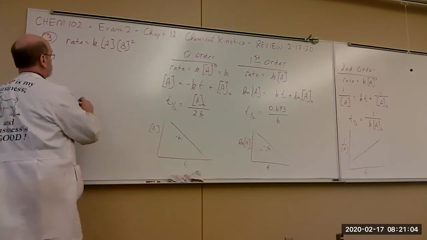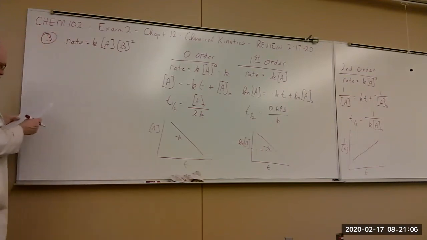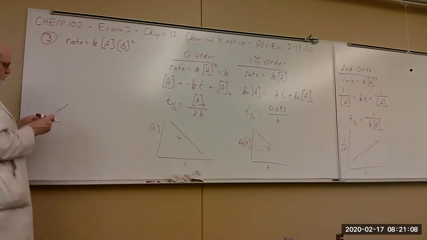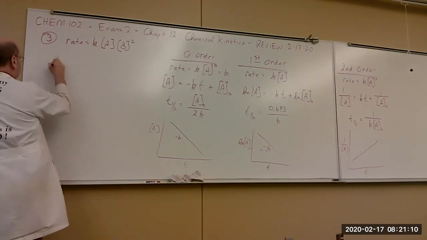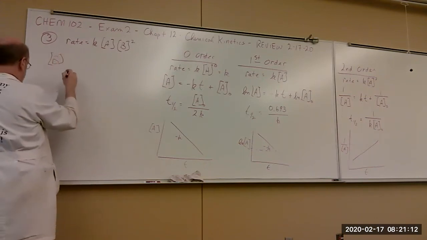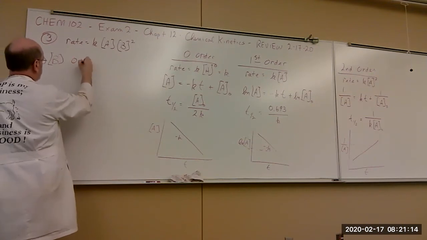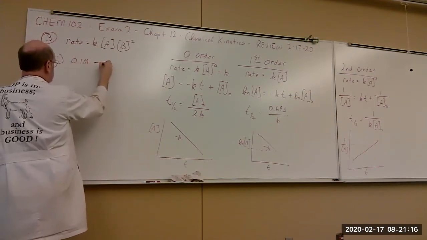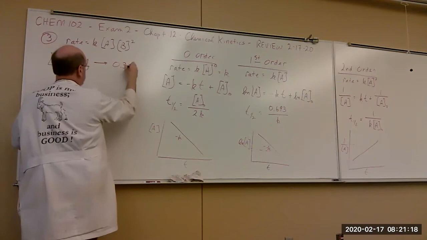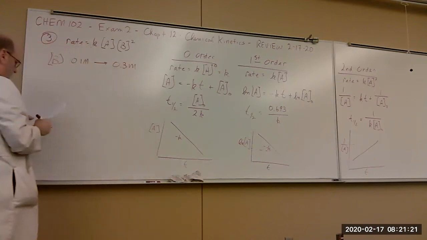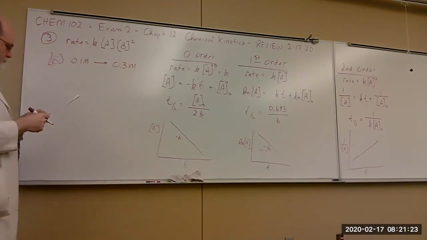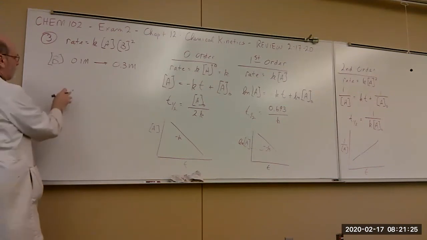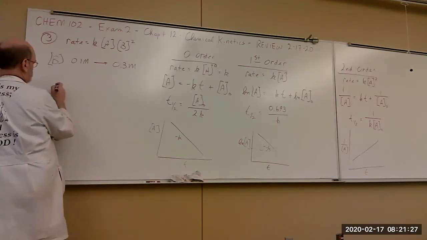Okay. So the question is, if the initial concentration of B is increased from 0.1 molar to 0.3 molar, the initial rate then will increase by what factor?